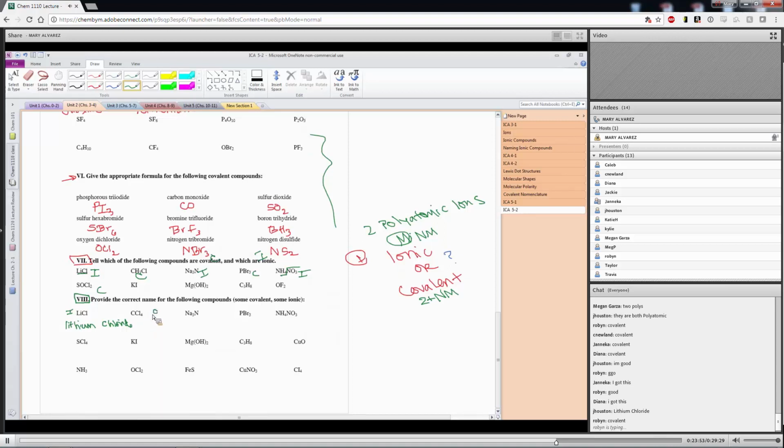So according to my covalent naming rules, this molecule should be called what? Carbon tetrachloride. Excellent, because I've got 1 carbon and 4 chlorines.